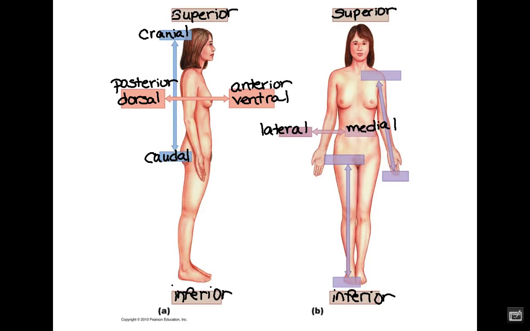This end up here is the attached end, and that is not. So this one here is proximal, and the bottom one is distal. Same thing here, attaching at the hip is proximal, and the far one is distal at our toes.